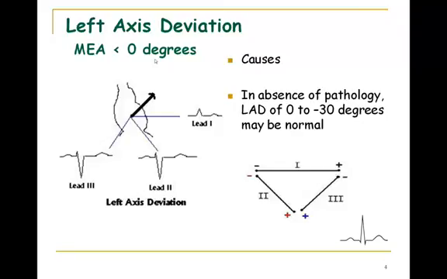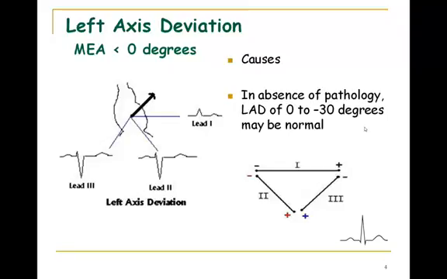So I want to show you over here in this picture a quick way of trying to figure out if someone has an axis deviation without having to do this fancy smancy way of calculating the mean electrical axis, of just looking at someone's EKG and go, wow, maybe it looks like they may have an axis deviation. So I call this the down and dirty way of determining if someone has an axis deviation.